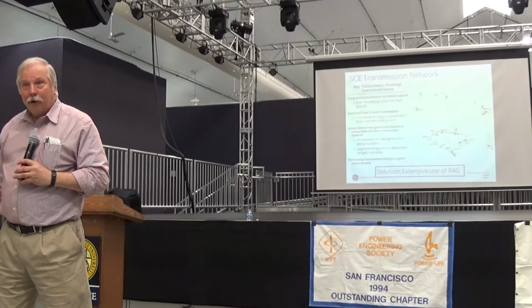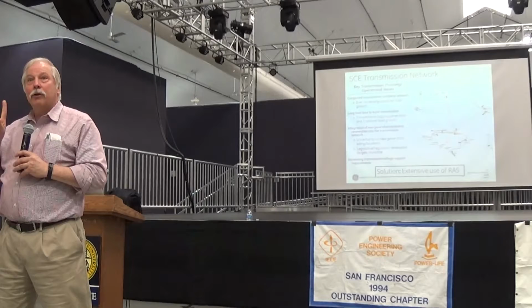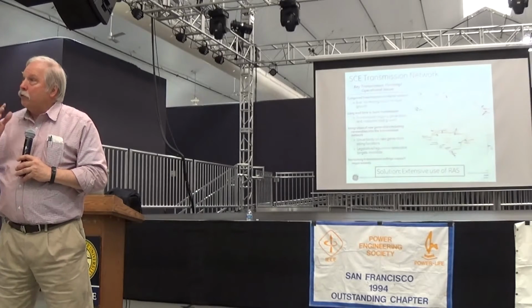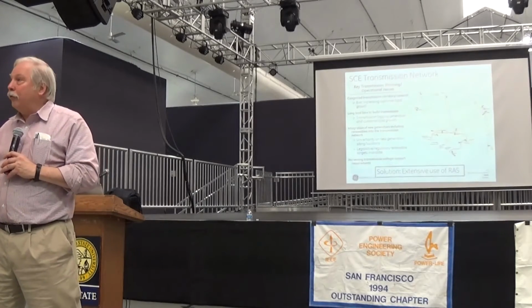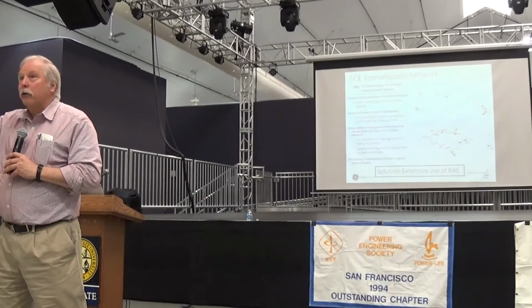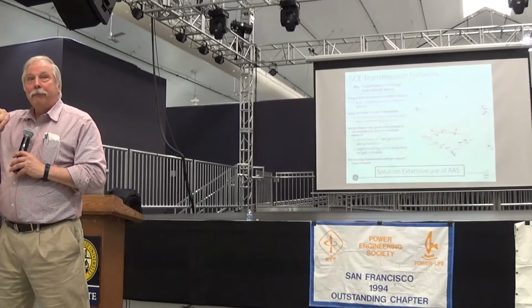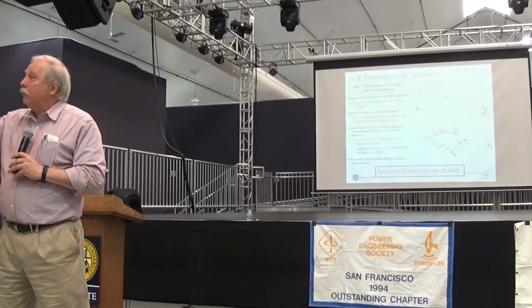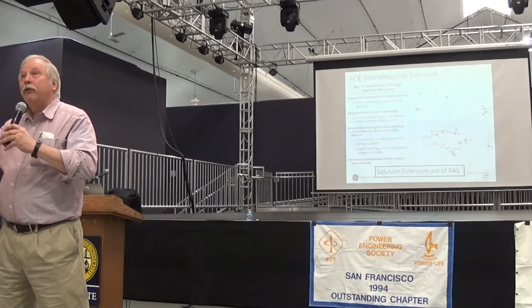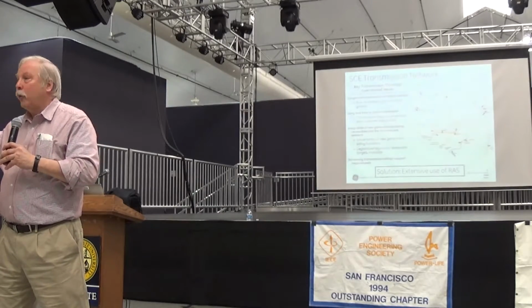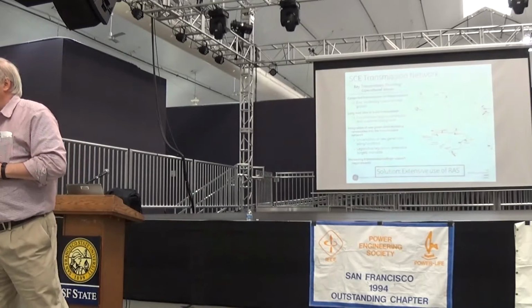CRAS, or centralized RAS, says I have one main controller. The one main controller collects operating conditions from around the entire Southern Cal system. It makes a dynamic decision. It says, is there a remedial situation that needs to be mitigated?